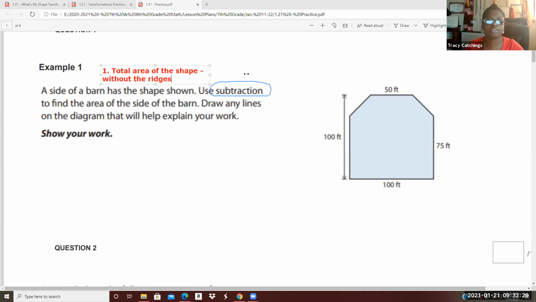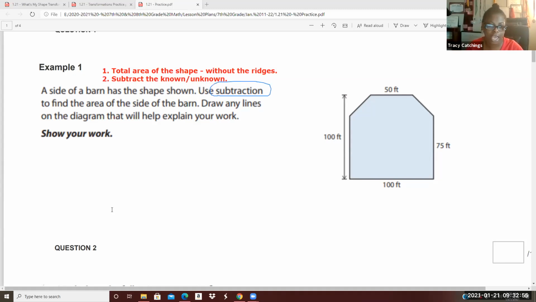All right, so the first thing we're going to do is find the total area of the shape. That means without those crooked spots and all of that. And then we're going to subtract the unknown, depending on how we want to do it. So the first thing is to find the total area. The second thing is to subtract the unknown values.